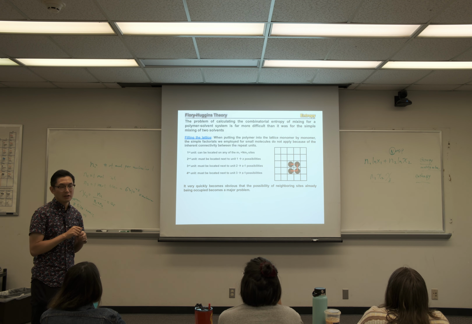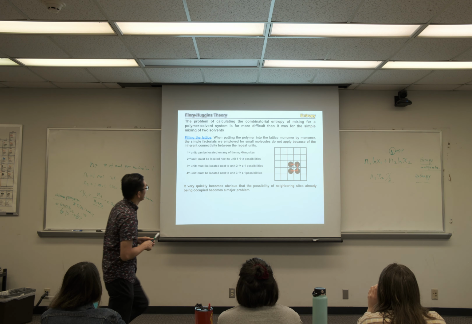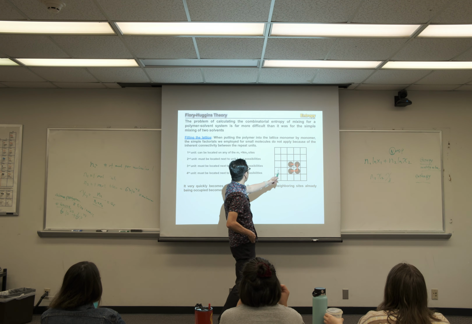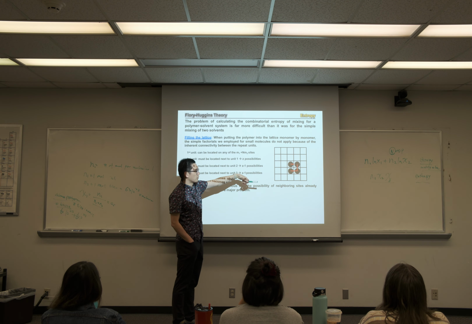Particularly for polymer one, when you discuss entropy, the first unit can be placed in any site because it's an empty chessboard. You can think about that. You can put it in there.